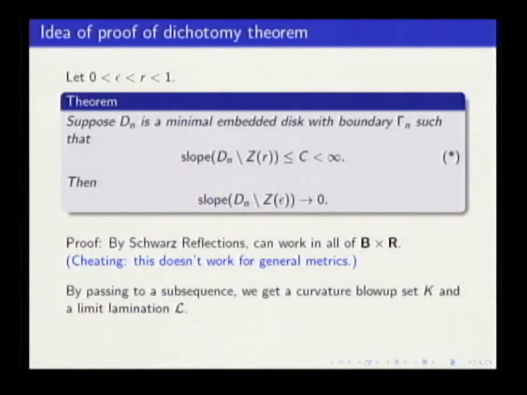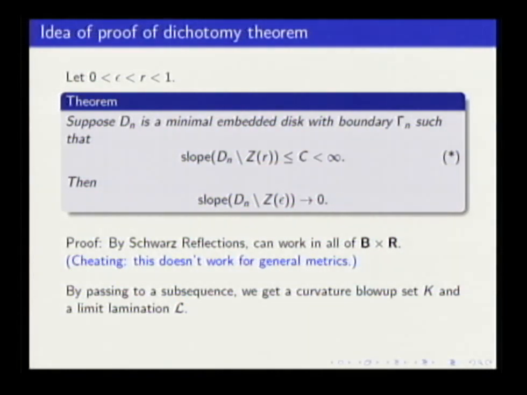So by passing to a subsequence, we get a curvature blow-up set K and a limit lamination L. And again, let me draw sort of the cross section. So now it's a whole infinite cylinder. And notice, remember, we have slope bounds near the boundary of the cylinder.